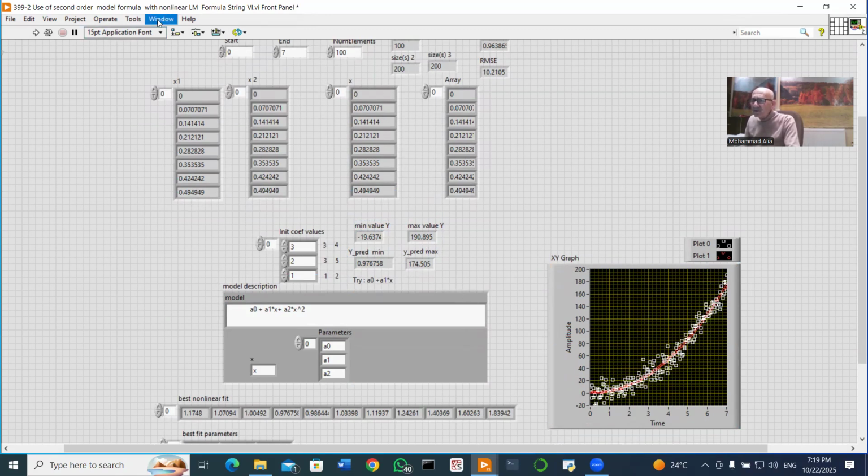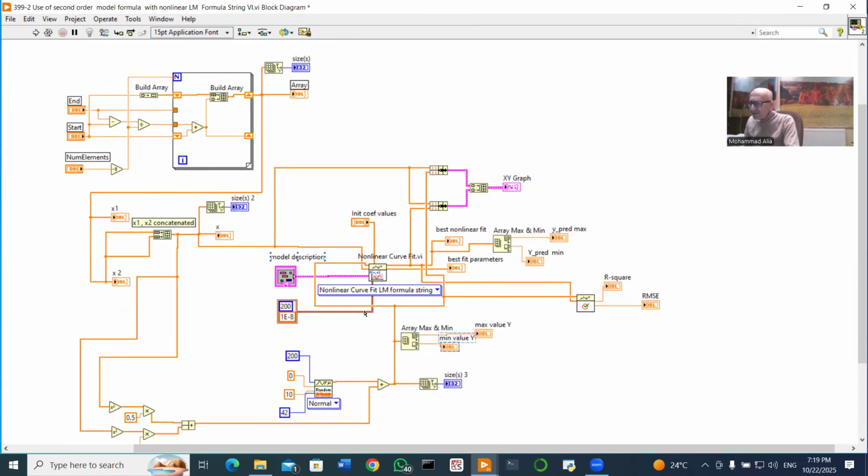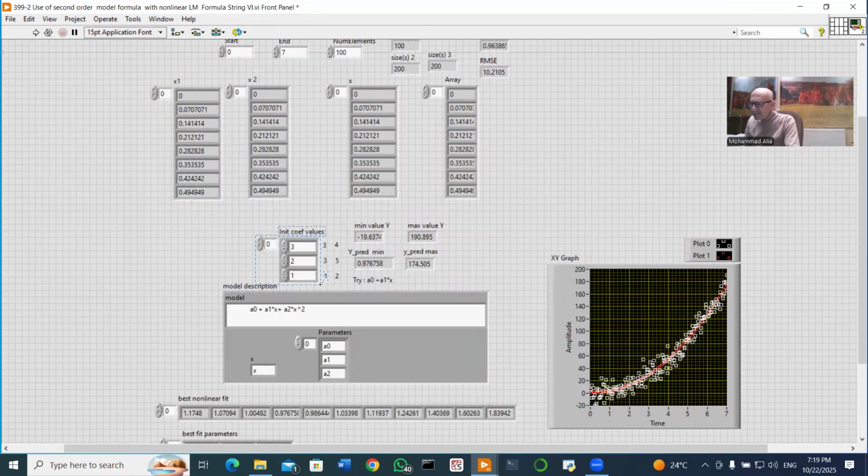Okay, so as you see, we have now furnished the problem with the required values, except the initial guess. The initial guess is given here as 3 values. Why? Because I am suggesting a second order polynomial function, so I have coefficients A0, A1, A2.